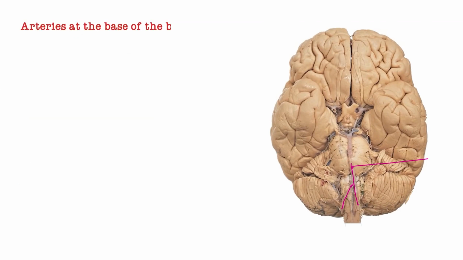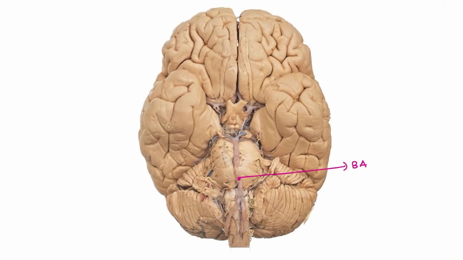This is the basilar artery, and it ascends along the anterior surface of the brainstem between the pons and medulla oblongata. Here, this is the pons and this is the medulla oblongata. The basilar artery gives rise to important branches that supply various structures of the brain.